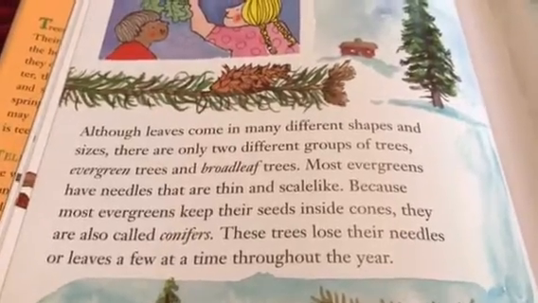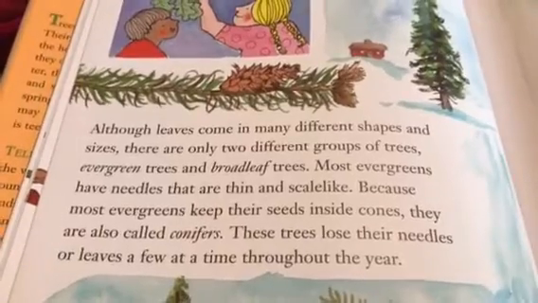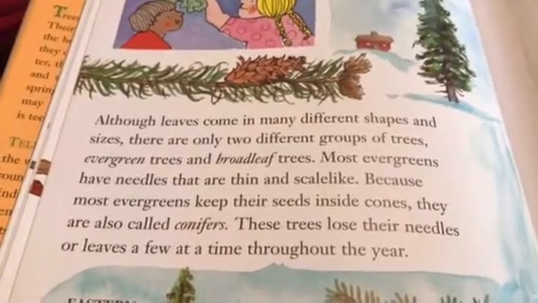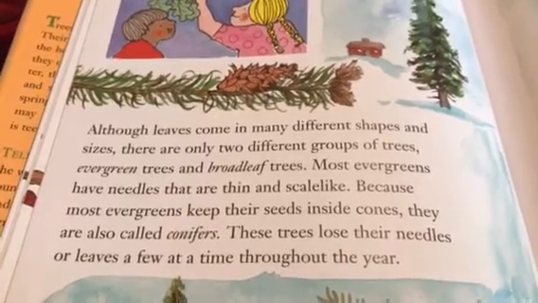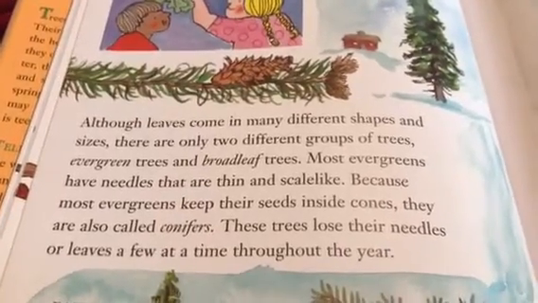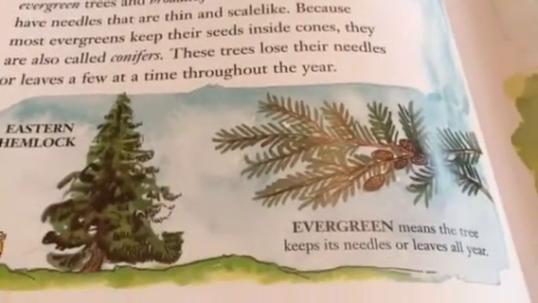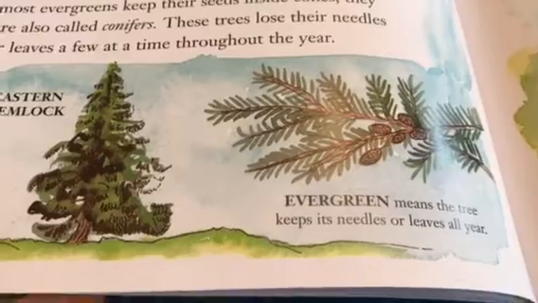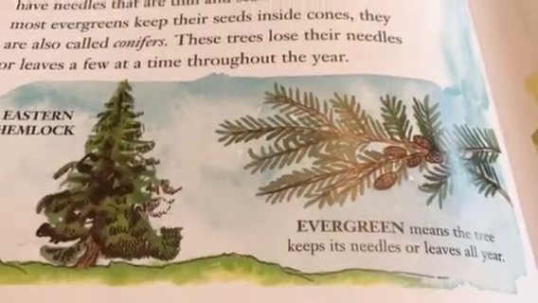Because most evergreens keep their seeds inside cones, they are also called conifers. These trees lose their needles or leaves a few at a time throughout the year. Evergreen means the tree keeps its needles or leaves all year.